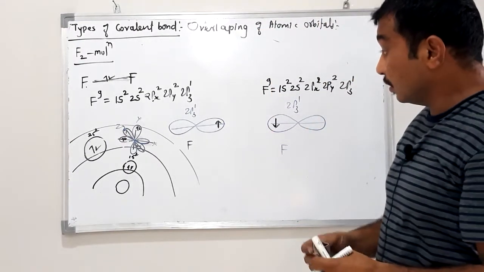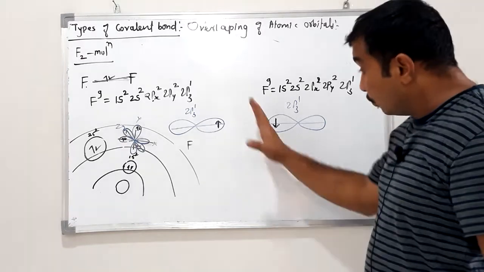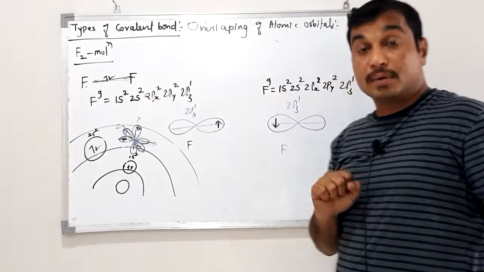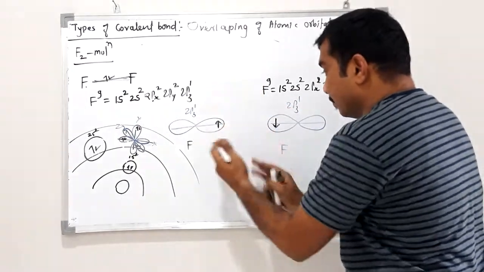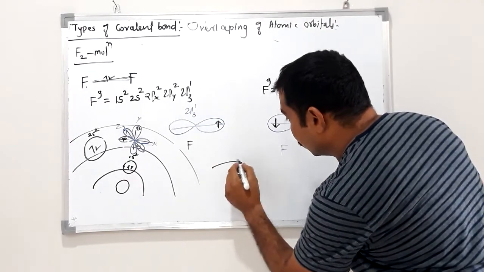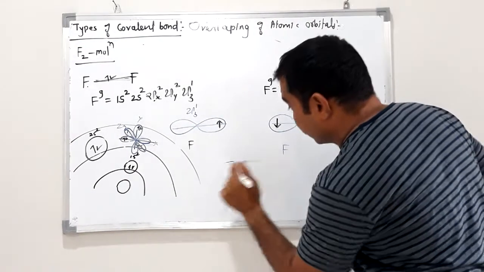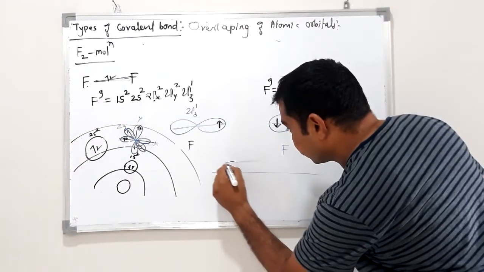Now, how does the bond between two fluorine atoms form? The orbitals come close together and then overlap. Let us see how overlapping takes place. This is the axis of overlapping.